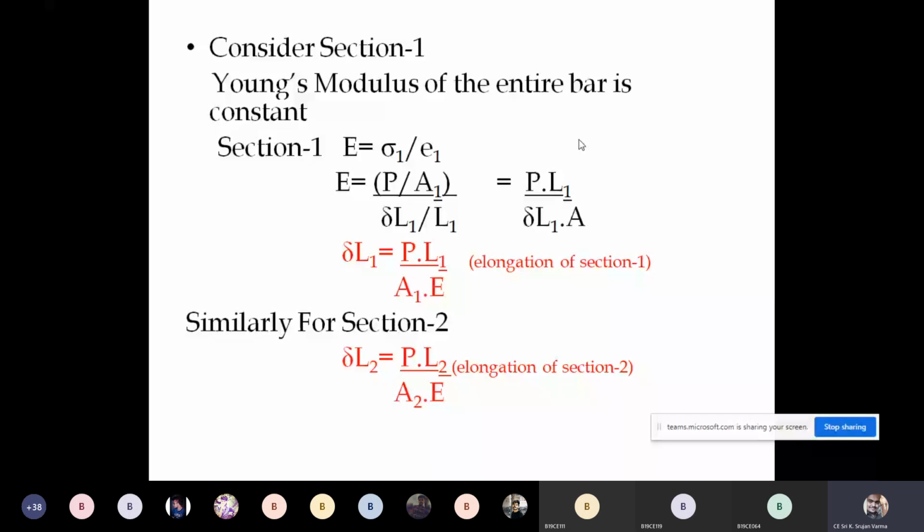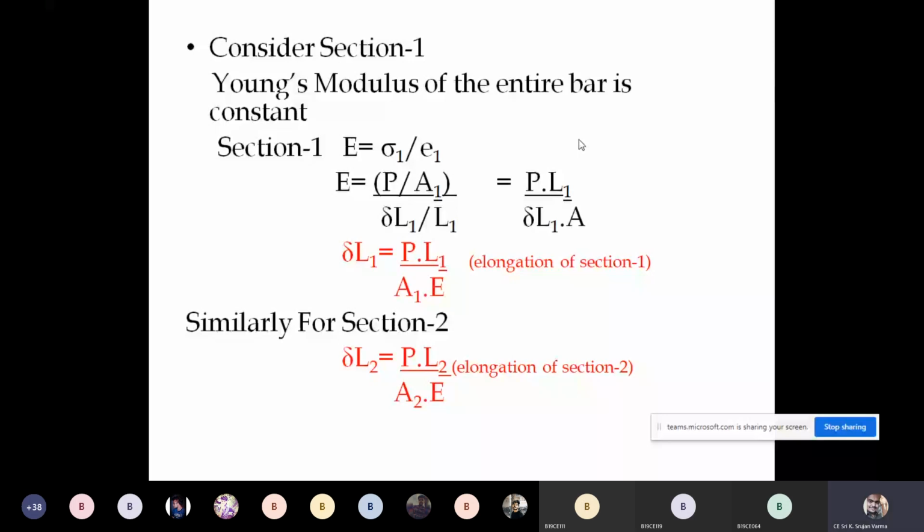Now దీంట్లో డెల్టా L1 is shifted, E is shifted to the denominator. Now what will be delta L1 from the same formula? Delta L1 can be written as P into L1 divided by A1 into E. P1, E1 తీసుకోవట్లేదు, ఎందుకు అని అంటే యంగ్స్ మాడ్యులస్ ఆఫ్ ద ఎంటైర్ బార్ ఇస్ కాన్స్టెంట్ అని చెప్పాను ఆల్రెడీ.